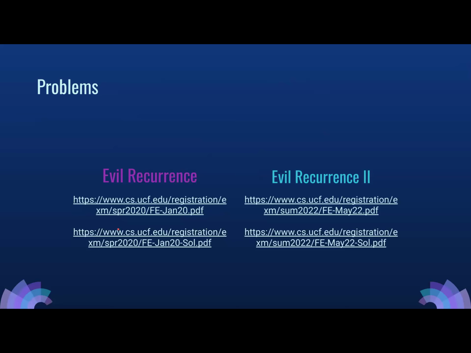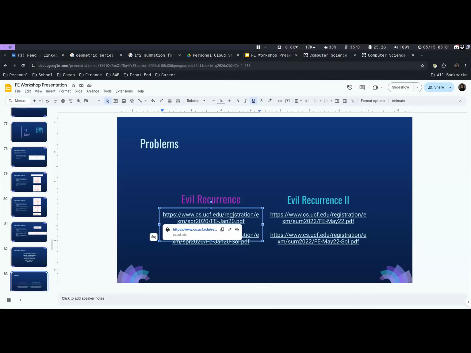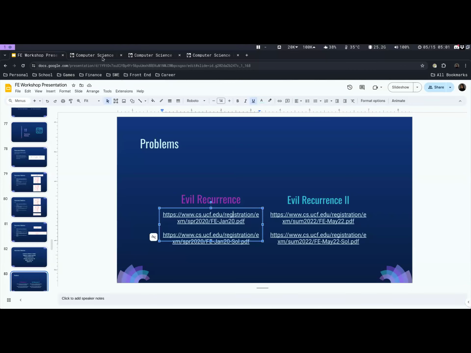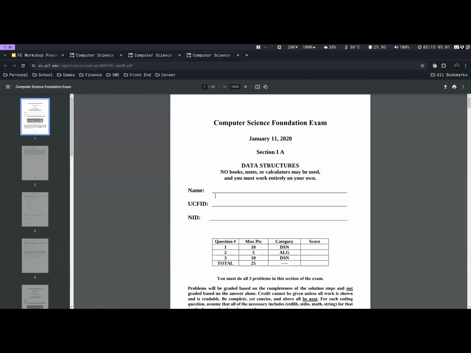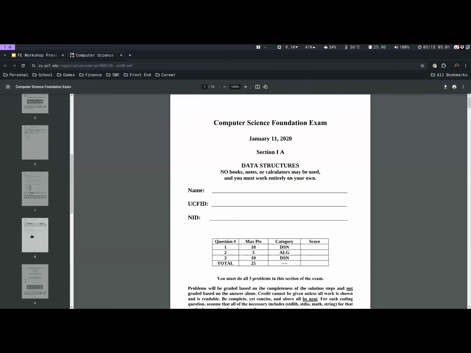So yeah, let's get into it. Evil recurrence and evil recurrence 2. Craziest part is these probably aren't the worst recurrences I've seen. Y'all follow me on LinkedIn, peep the post. I'm gonna do this one first. FE prep only has 2 problems, and they're like the 2 hardest recurrence problems I've ever seen in my life.